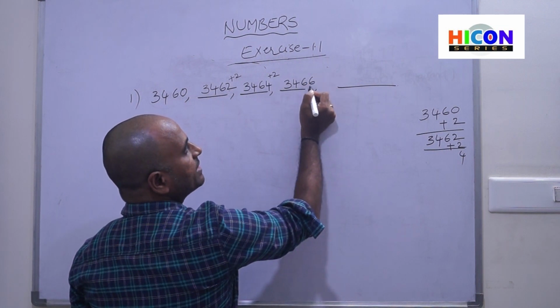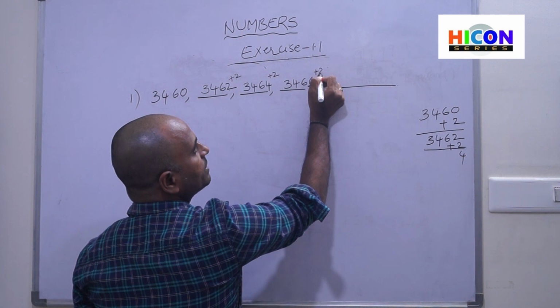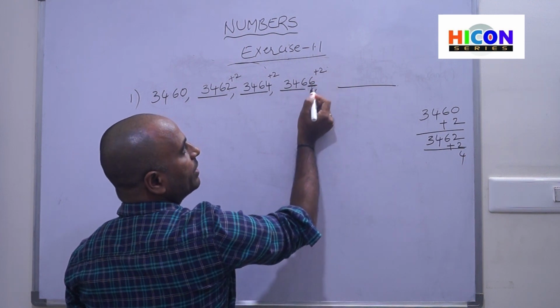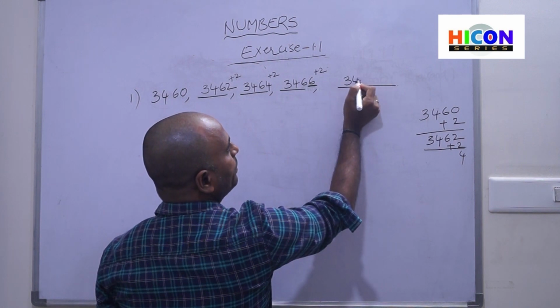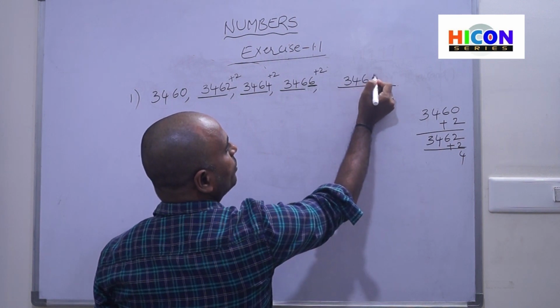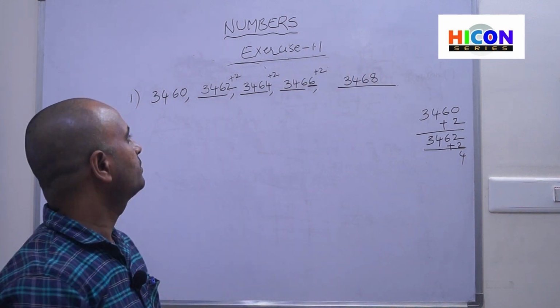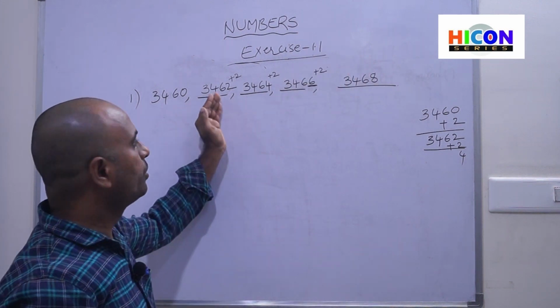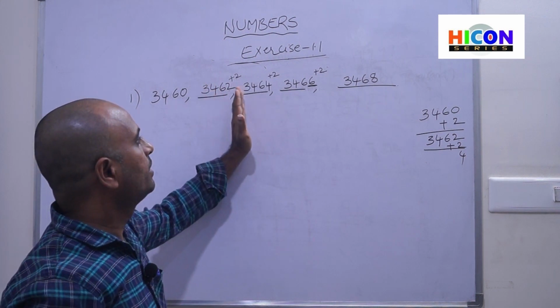Here 6 is present in ones place and if you add 2 for the 6, you will get 8. So the next number becomes 3468.